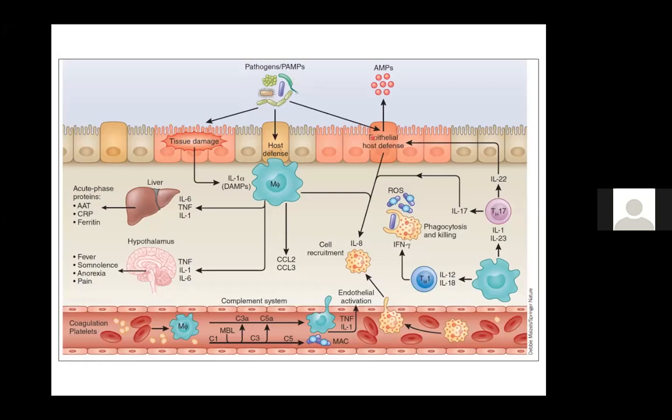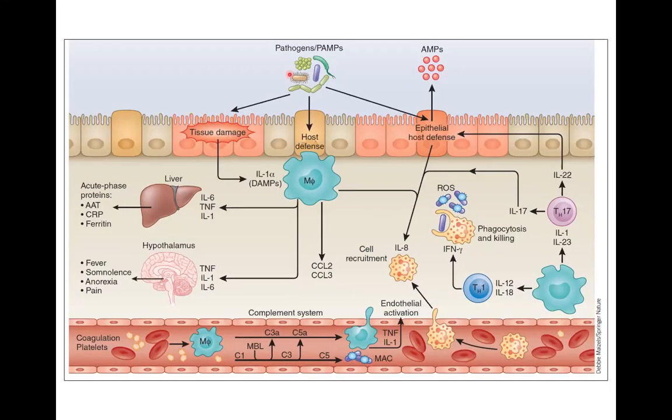Either you get damage to epithelial cells, for example, or you get pathogen entry. Remember, microbes usually would have to attach onto whichever epithelium it is, depending on the site of infection. It could be mucosal, it could be the skin, and so forth, before they can actually multiply and cause tissue damage.